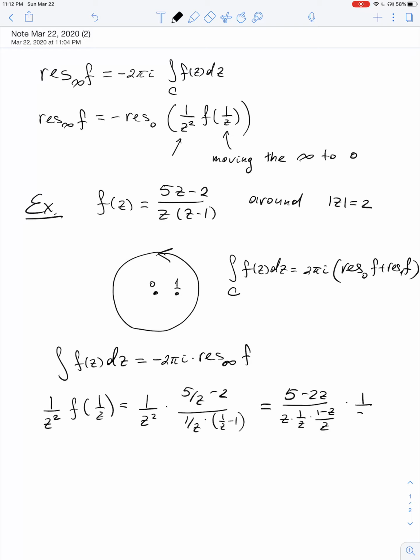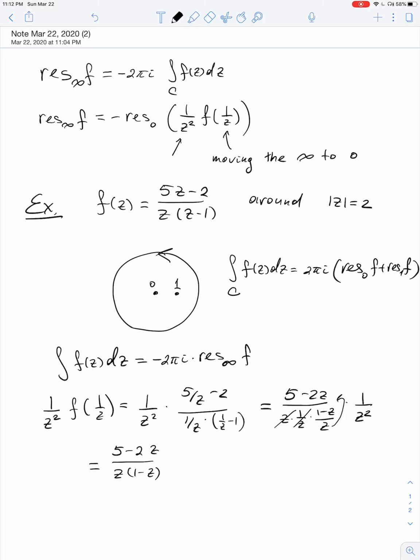And then I forgot the 1 over z squared. I'll write it here. So these two fellows cancel out. This z goes to the top and cancels out with 1 over z squared a little bit. And so what we have is 5 minus 2z divided by z times 1 minus z.